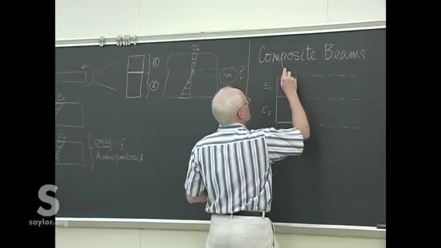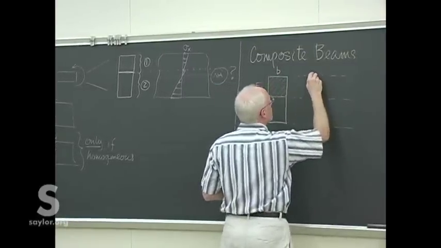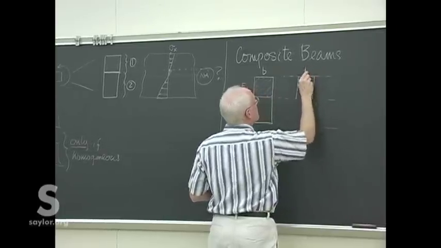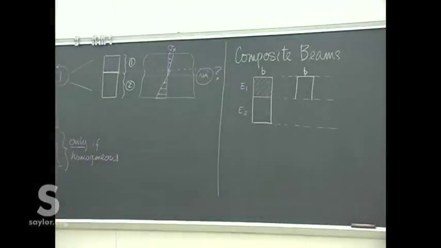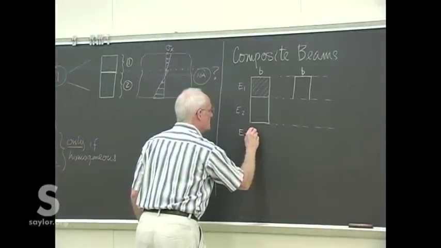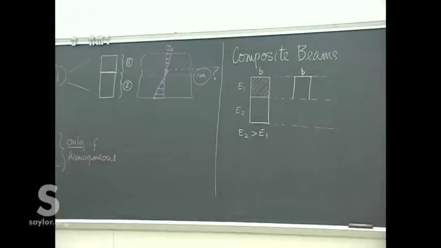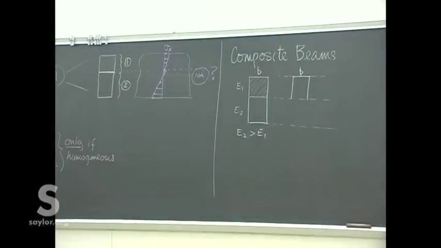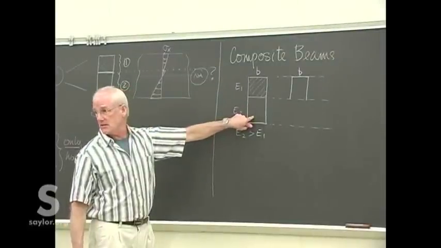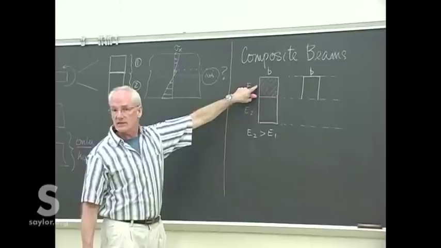So we've got this beam here. Let's see, we'll call it of width B, and we'll keep that on the top. Then we'll take out the material at the bottom. It's one or the other that are giving us trouble. I'll assume in this case that the Young's modulus for the lower part is greater. So I'm going to take out that stiffer material and replace it with the original material that's not as stiff.